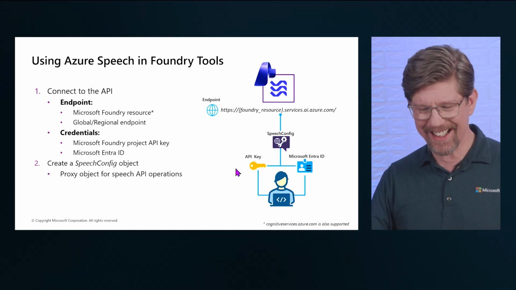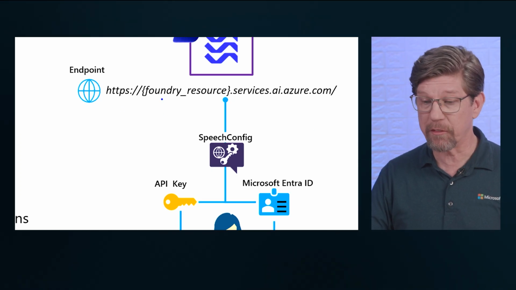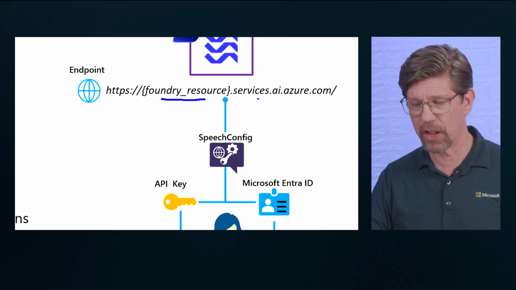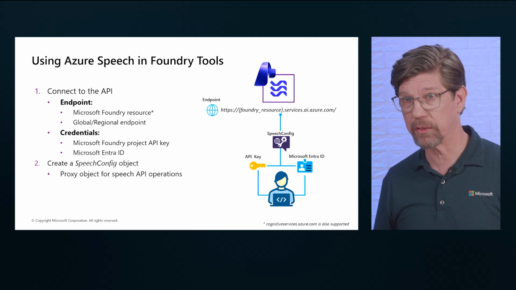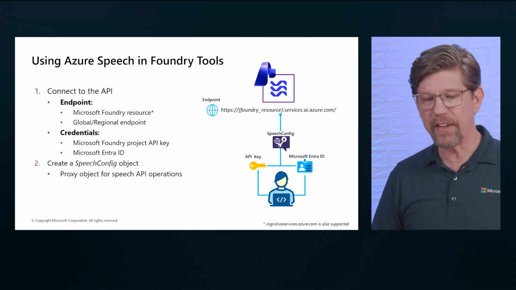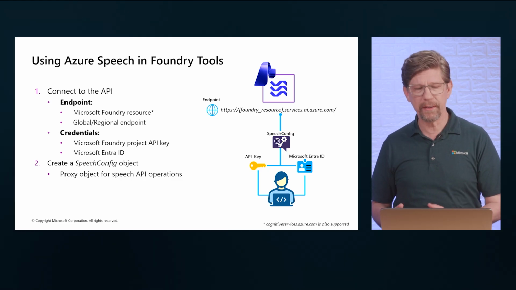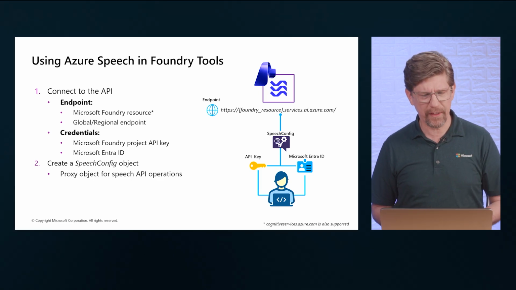When we were using the text analytics tool, we saw that we were using the same endpoint, whatever your Foundry resource is, .services.ai.azure.com. And just like then, we had two different ways of providing credentials. You can either use the Foundry project API key, or preferably, you could use an Entra ID to authenticate.